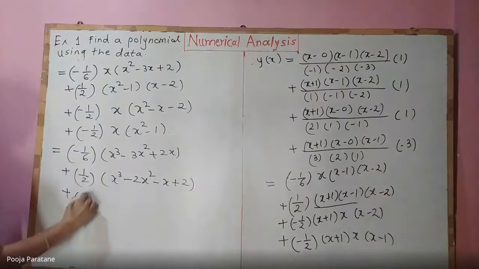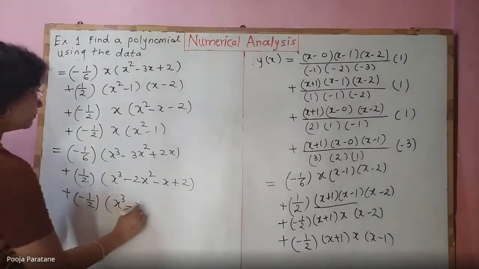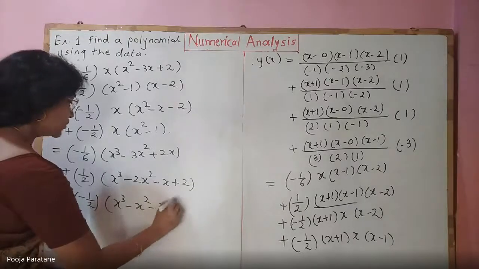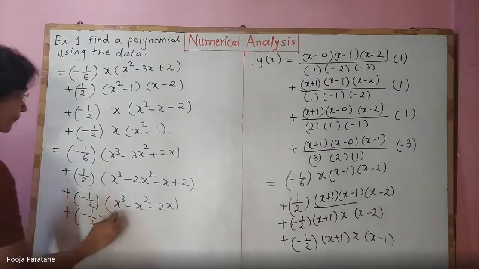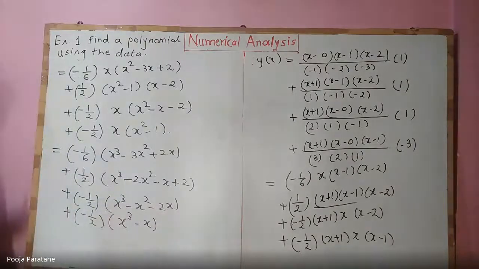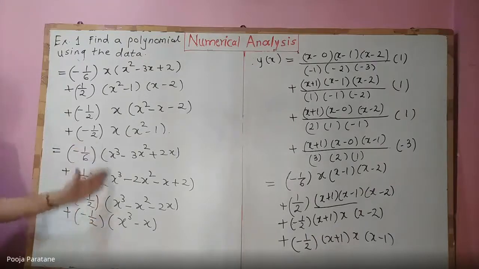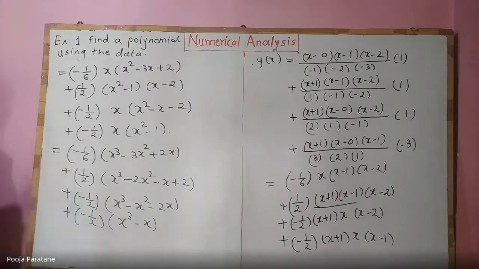Plus minus 1 upon 2, and here x cube minus x square minus 2x. Plus minus 1 upon 2, x cube minus x. And now easily we can collect the coefficients. I can see here the maximum power of x is 3. Then I will collect the coefficient of x cube first, then x square, then x, and then the constant term.